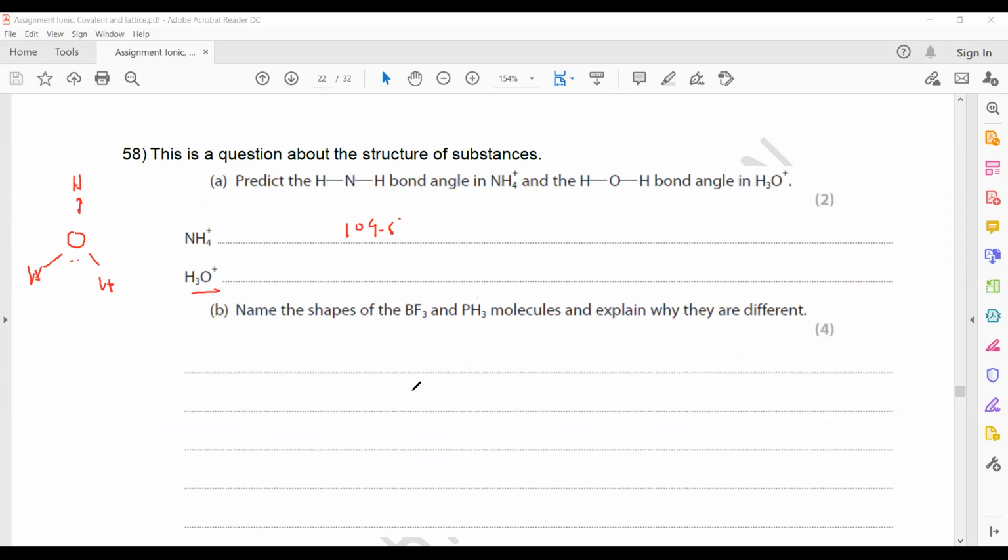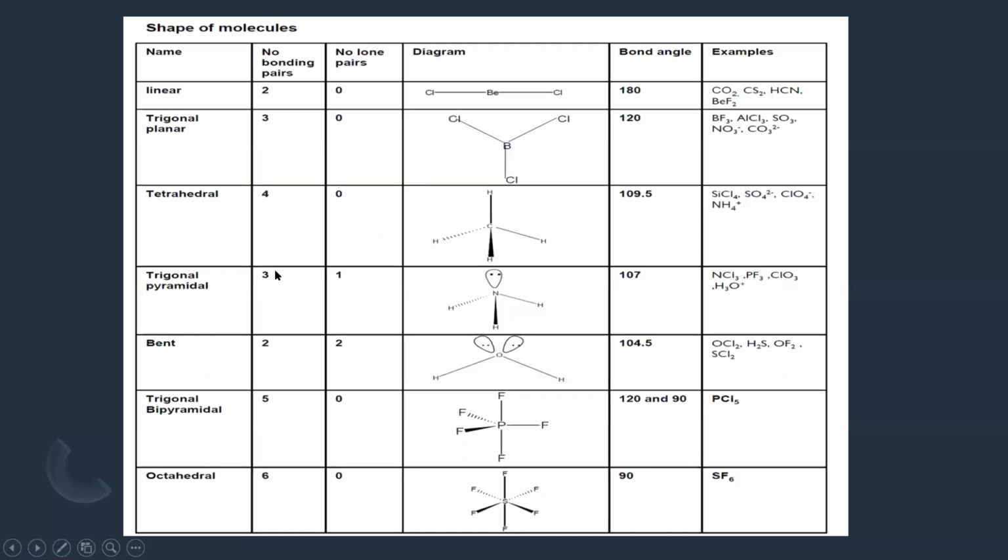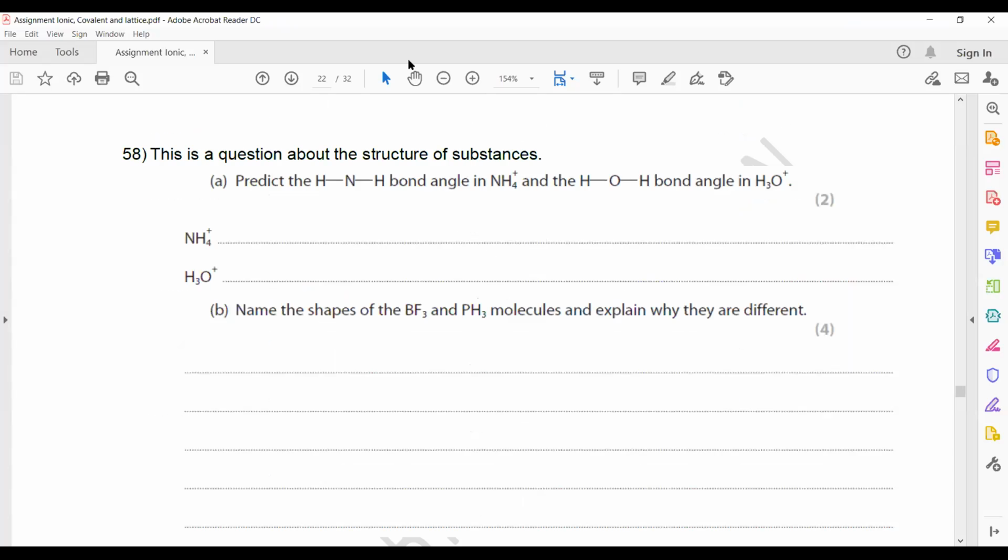So 3 bond pairs and 1 lone pair. So it will be trigonal pyramidal with a bond angle of 107. So the first one was 109.5 tetrahedral, and the second one is 107 trigonal pyramidal.